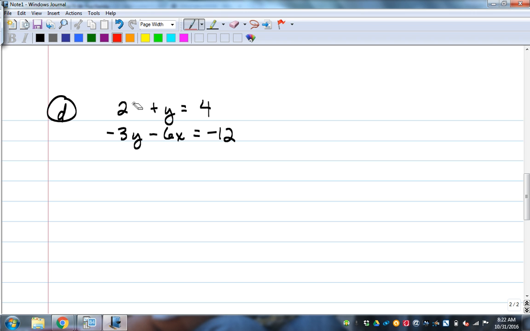Oh, I'm sorry, that should be an x, the first one. 2x plus y equals 4. I think I said that and didn't write it. I wrote 2y. 2x plus y equals 4, and then the second one is negative 3y minus 6x equals negative 12. That is correct. You have to get them lined up.